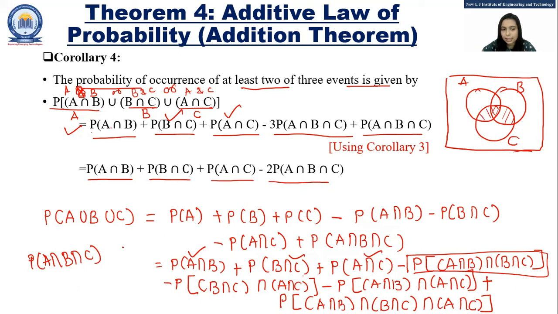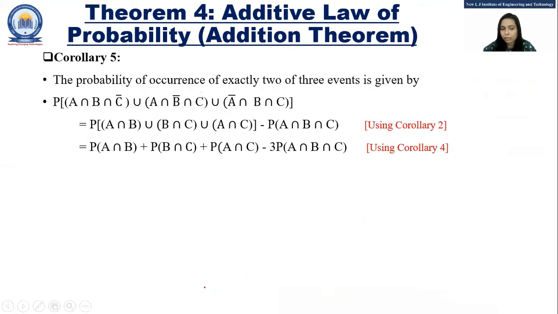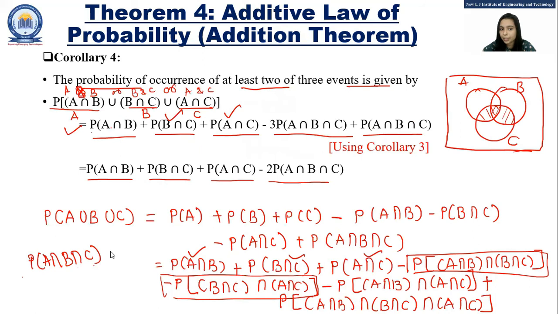So intersection of this is also P of A intersect B intersect C. So this is also equal to P of A intersect B intersect C. Now A intersect B, that means this part, and A intersect C, that means this part. So intersection of this is also A intersect B intersect C.